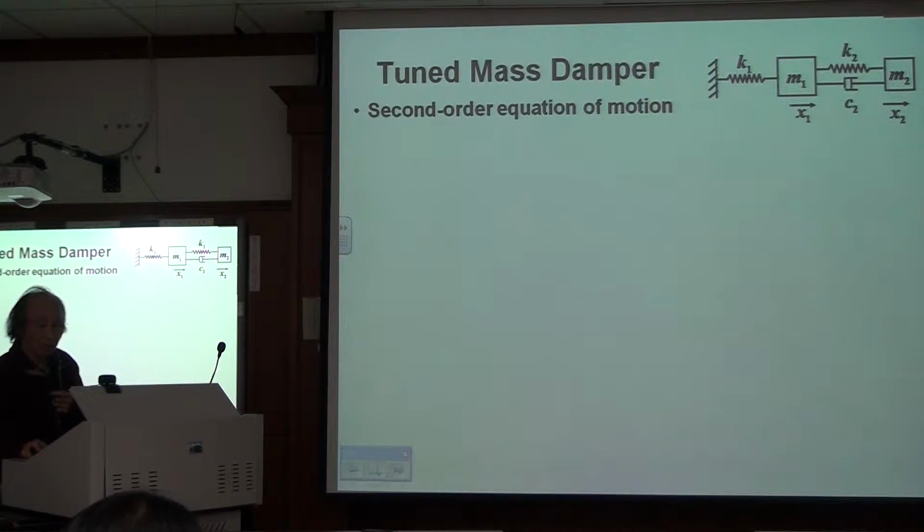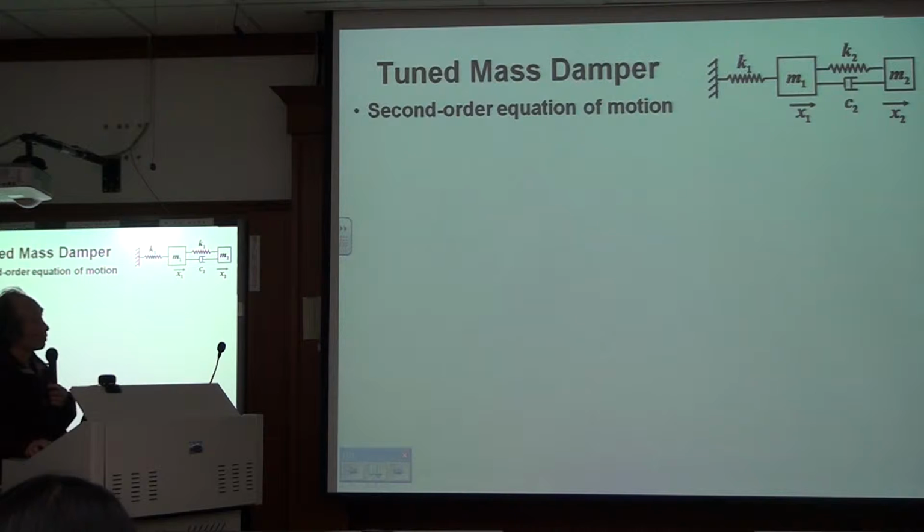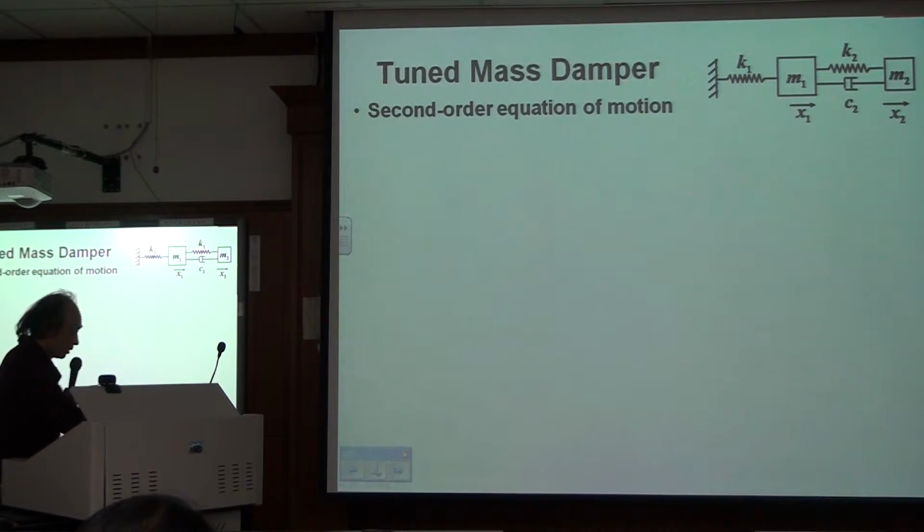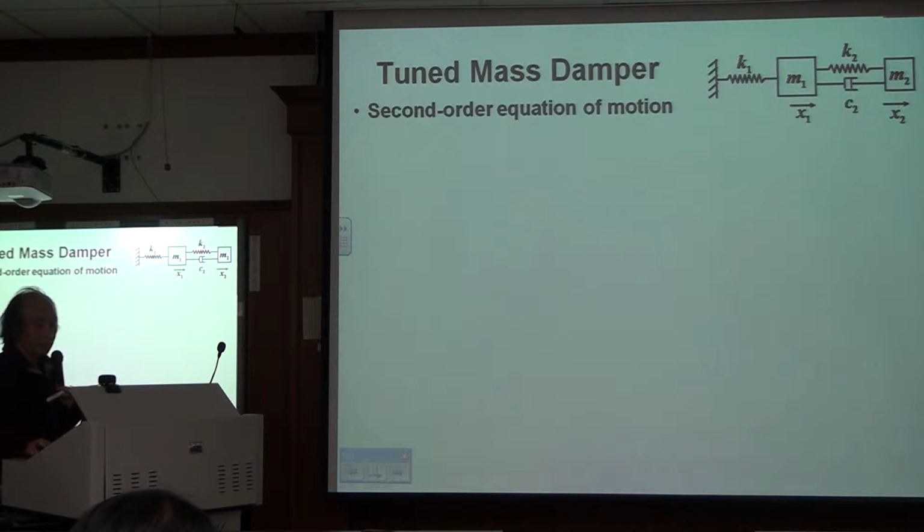I need to hide this here. Then we have a dashpot that is here. The dashpot is the damper. The damper includes the mass M2, and then spring K2, and also dashpot C2.